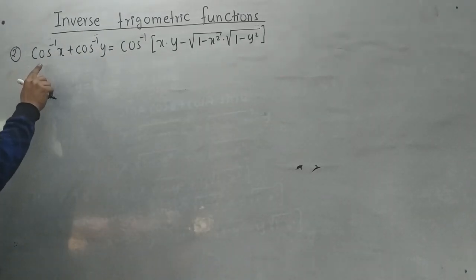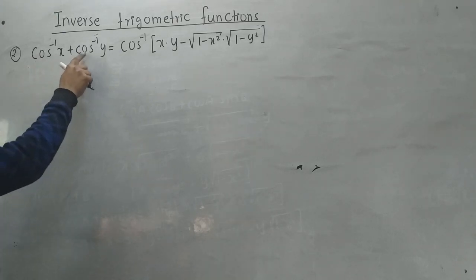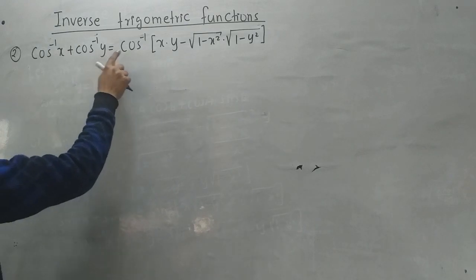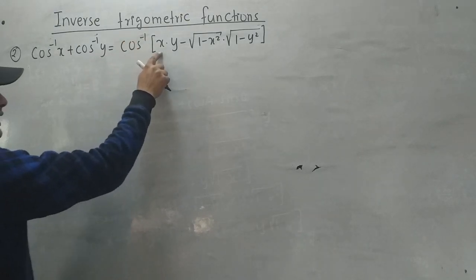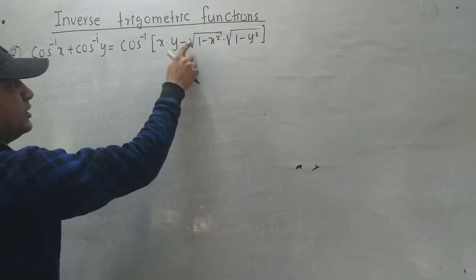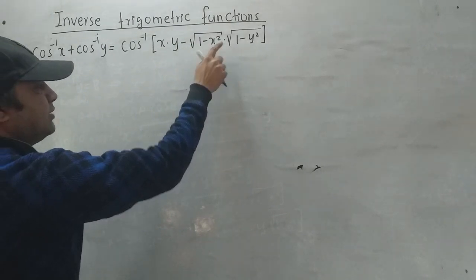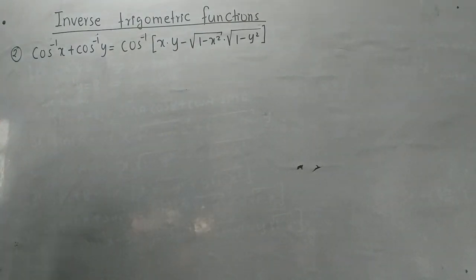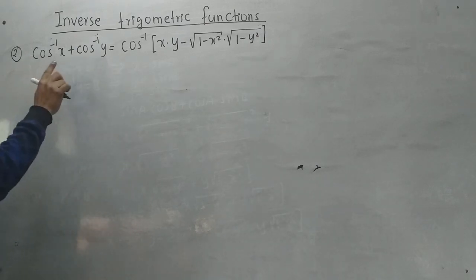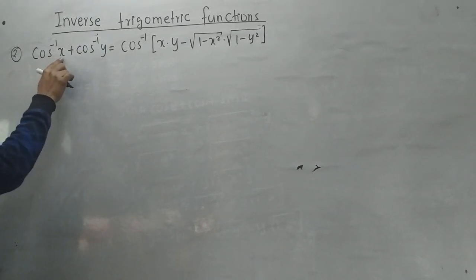Now we are dealing with the next formula: cos inverse x plus cos inverse y equals cos inverse of x times y minus under root of 1 minus x square times under root of 1 minus y square. How many variables are here? One is x, one is y.